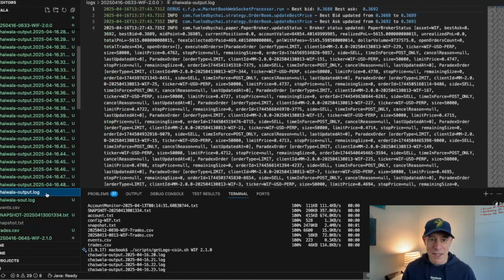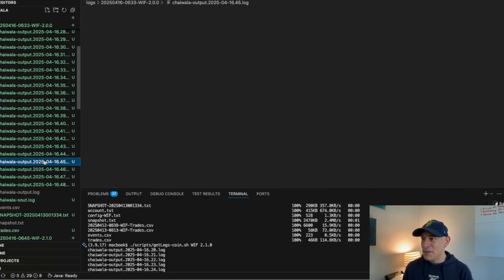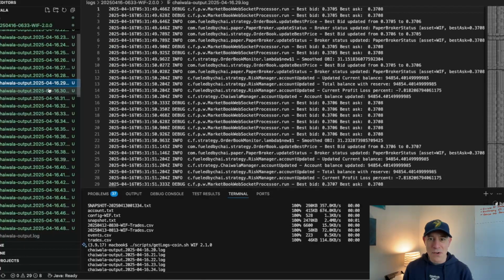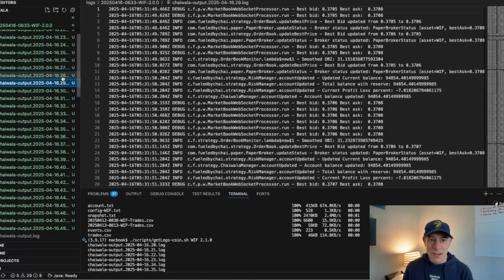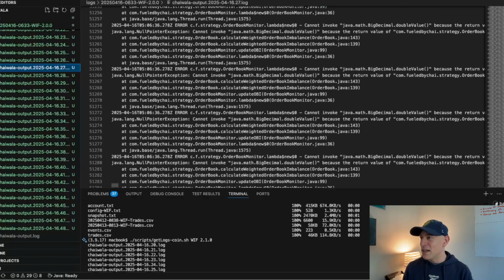I got the time that it happened, roughly 5:30 a.m. UTC, so I was going through the log files trying to locate that time frame so I could see what was actually going on in the strategy when that happened.